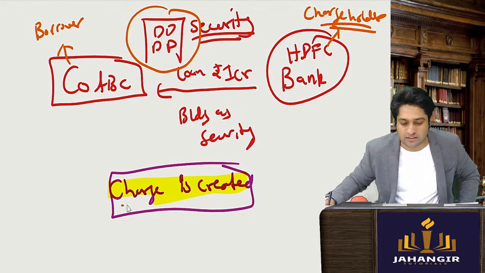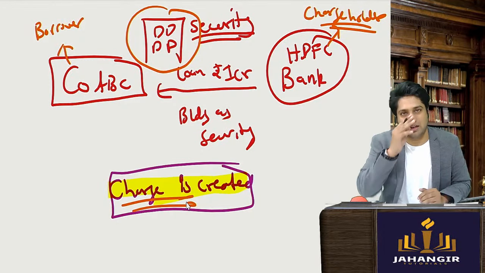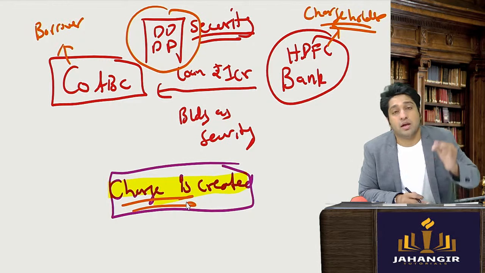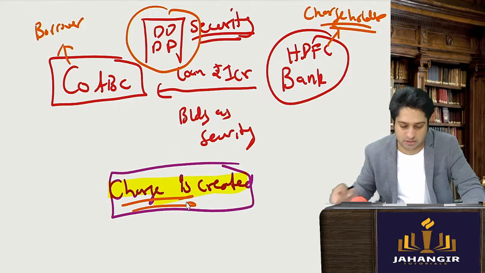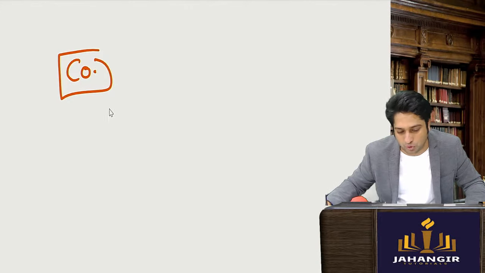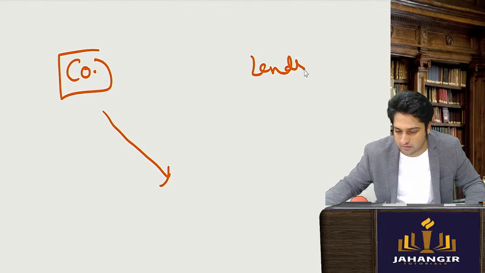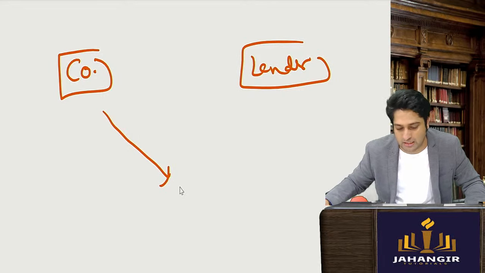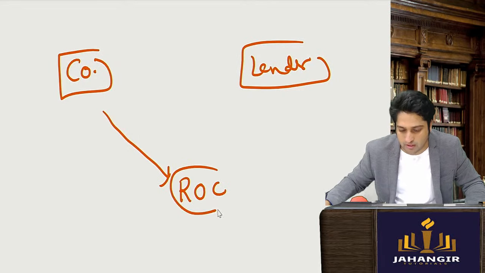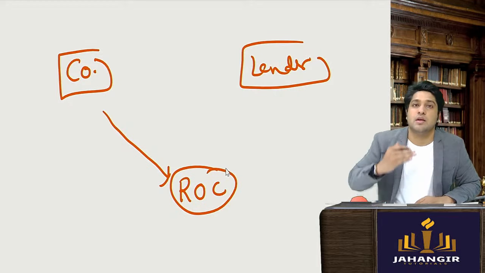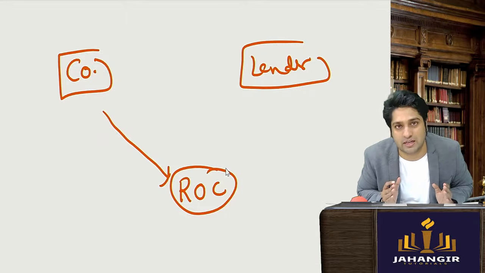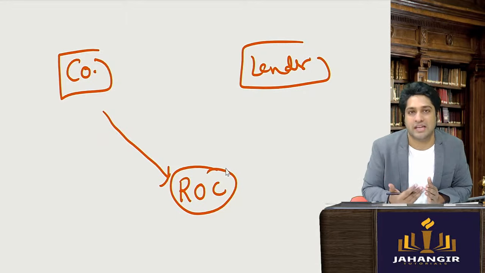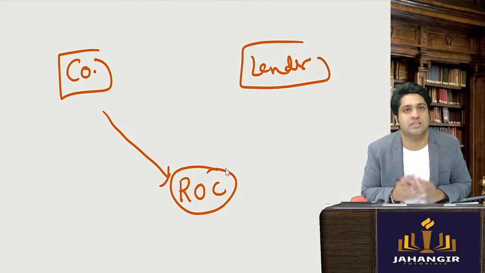Simple. Now when a charge is created, that means the loan is given and all the documentation is done. Companies in India have to mandatorily inform the registrar of companies. So there is the lender, there is the company, and the company has to go and inform the registrar of companies, because in India the registrar should know exactly how much loans have been taken by companies, all the details, and to ensure that there are no disputes with respect to this.